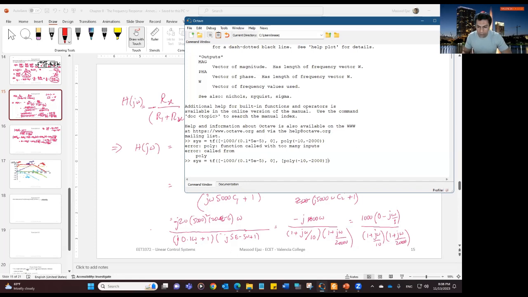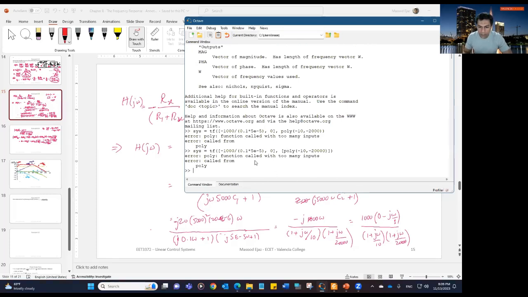All right, so you have the root negative 10, you have the root negative 20,000. Why is it saying too many inputs?